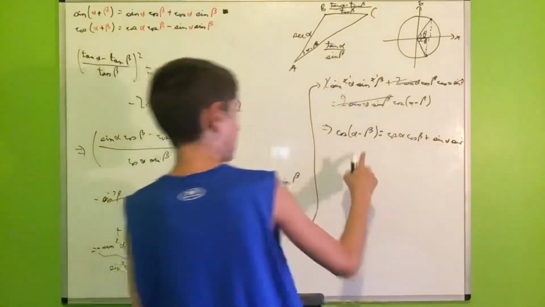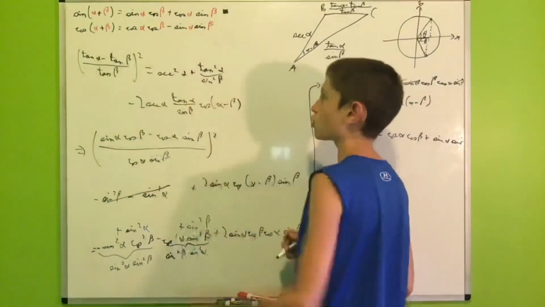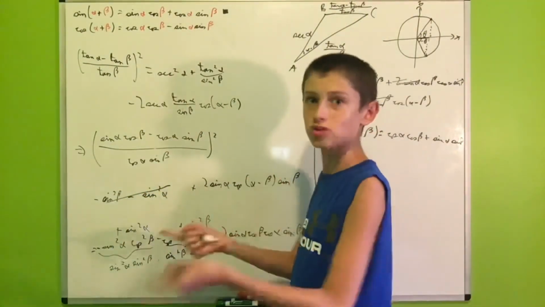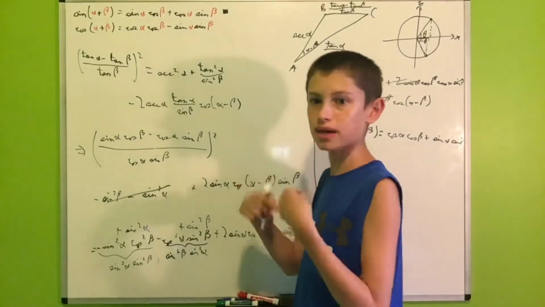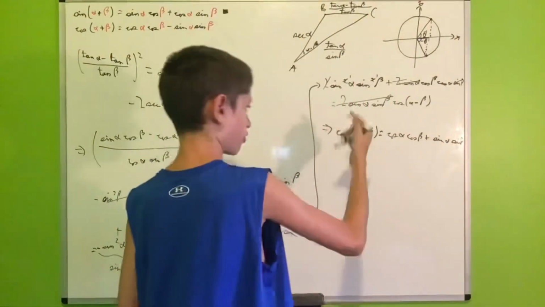But now we have cosine of alpha minus beta, and you want cosine of alpha plus beta. So as we did earlier, we can just plug in negative beta instead of beta and see what we get.